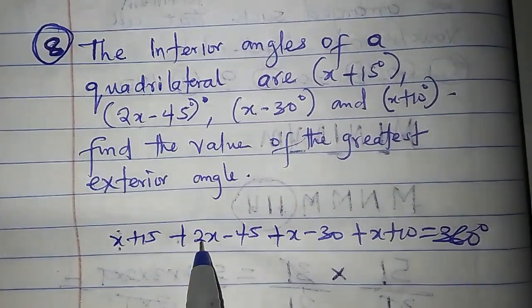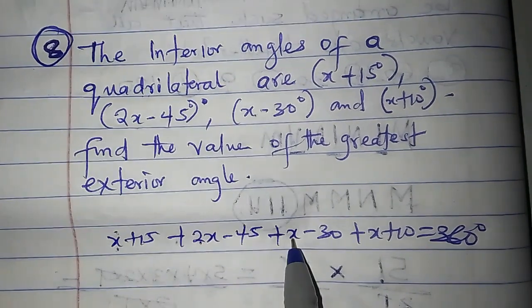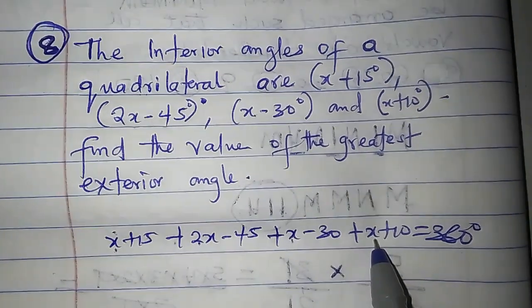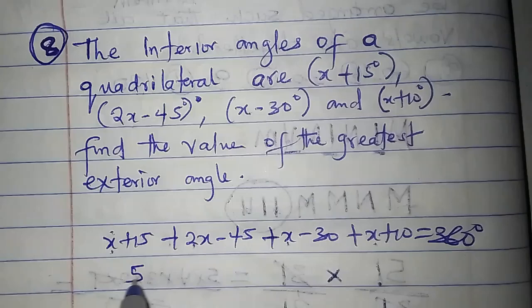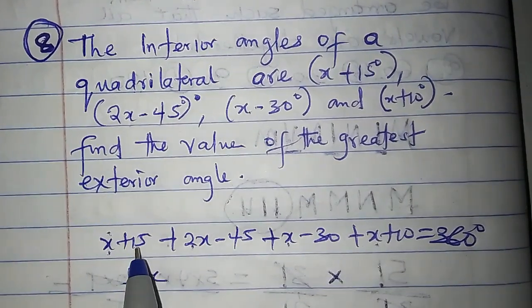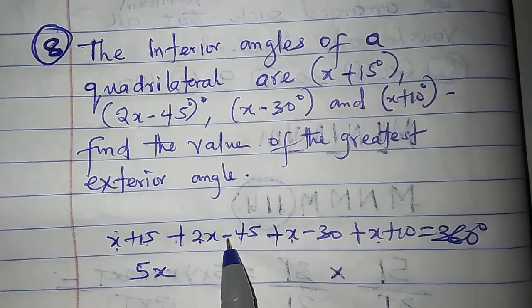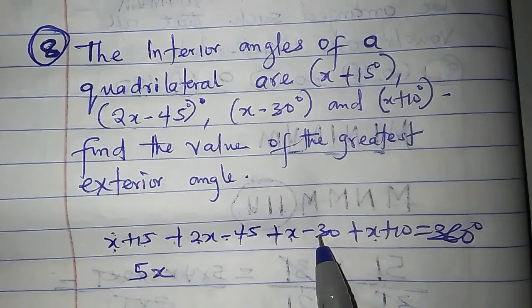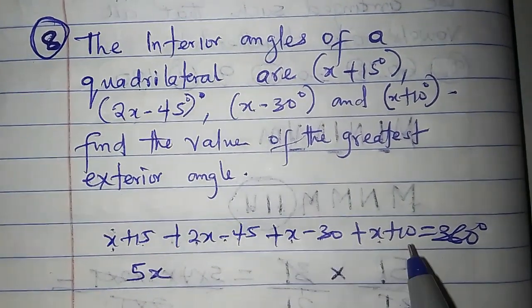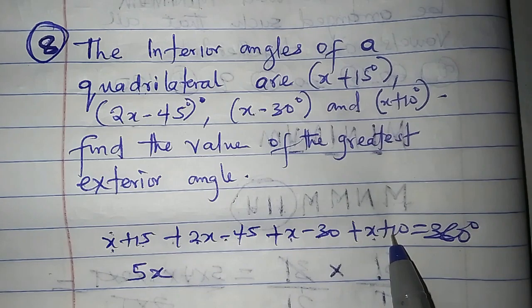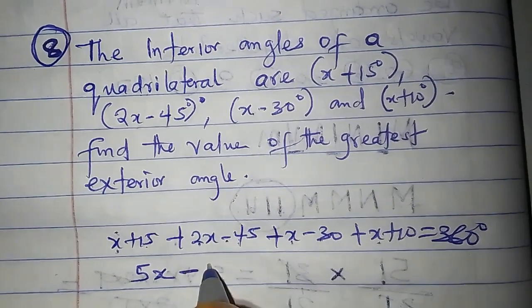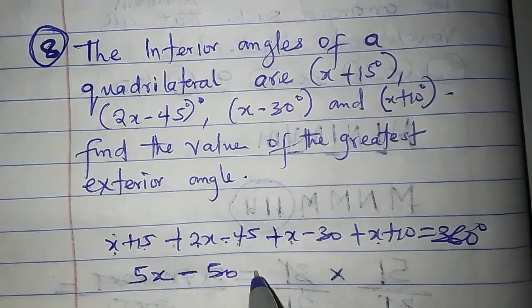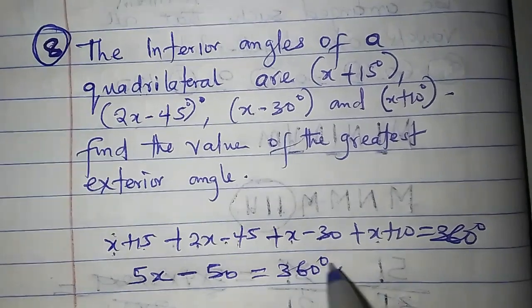Good. x plus 2x, 3x, plus x, 4x, plus x, 5x. 5x. 15 minus 45 is minus 30. Minus 30 minus 30 is minus 60. Minus 60 plus 10 is minus 50. Minus 50 equal to 360 degrees.